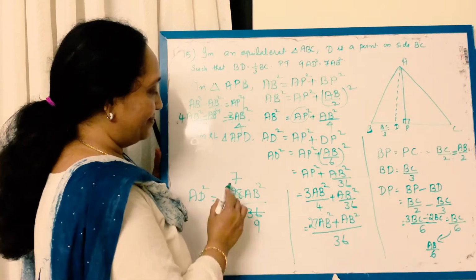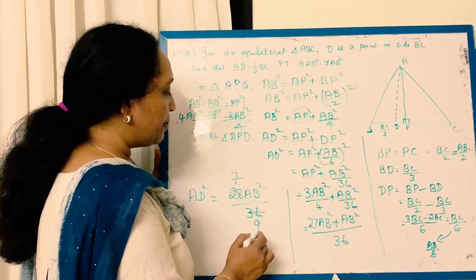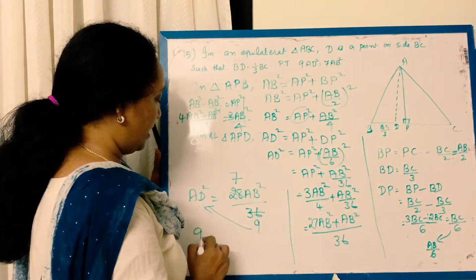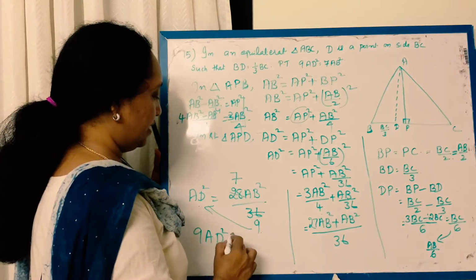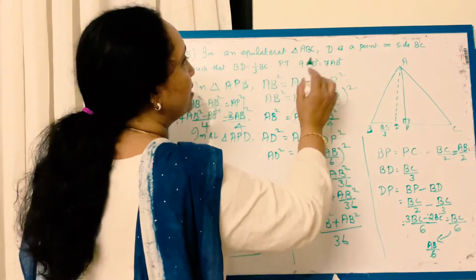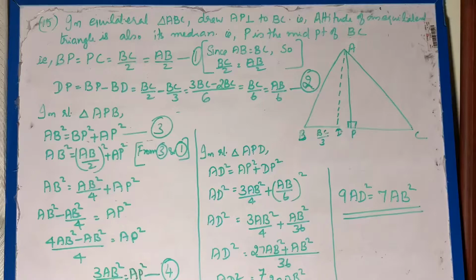Then you will get 7AB square by 9 is equal to AD square. Then cross multiply this. That is 9AD square is equal to 7AB square. Okay. I hope this is clear to you. Look at the steps.